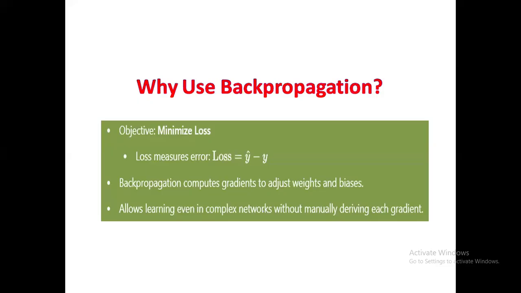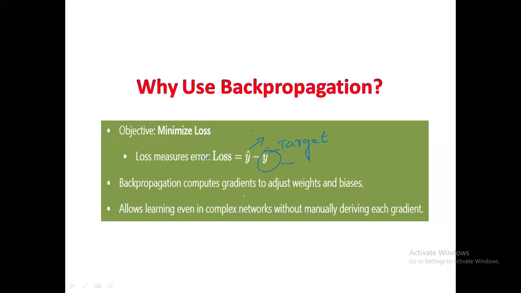And why use backpropagation? The goal of training a neural network is to minimize the loss function. So this is the predicted value, this is the targeted value. We have to get the minimized error, which quantifies the difference between the predicted output and the actual output y. This is the actual output, and y cap is the predicted output.